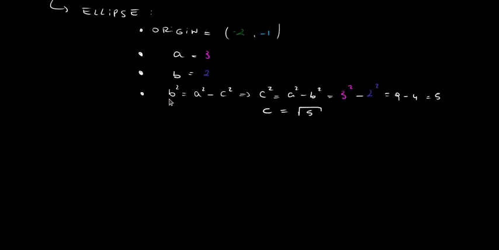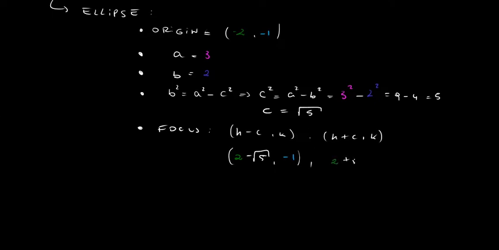So in this case, our focus points are going to be (h minus c, k) and (h plus c, k). h is 2, c is square root of 5, k is -1. And the other focus point is going to be in (2 plus square root of 5, -1). Now with this information, let's draw the ellipse.